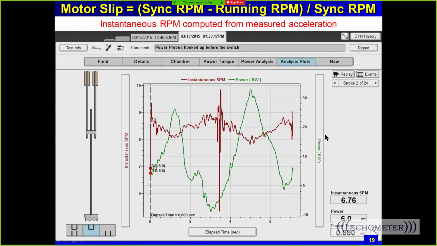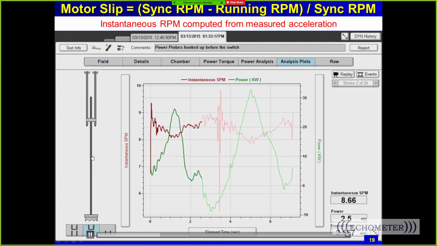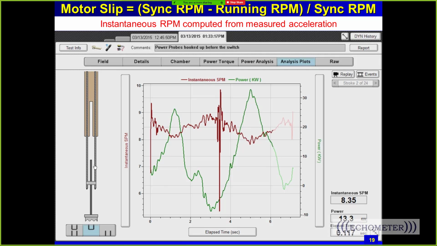Now this is a plot from TAM analysis of the instantaneous strokes per minute. Where that comes from is we use the accelerometer to get the position of the polished rod on every sample, and we also calculate, with the geometry of the pump unit, the change in crank angle and compare the crank angle to the total 360-degree stroke.